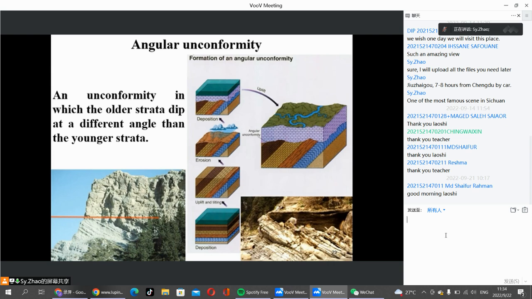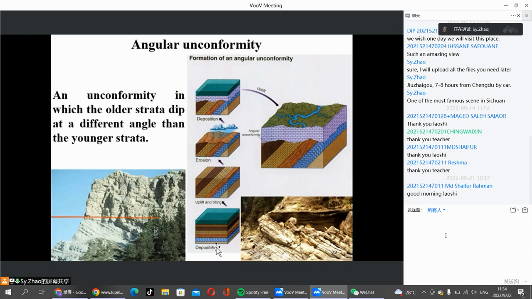The angular unconformity is the unconformity in which the older stratum dips at a different angle from the younger stratum. So the forming process of angular unconformity is similar to the process on the previous slide.